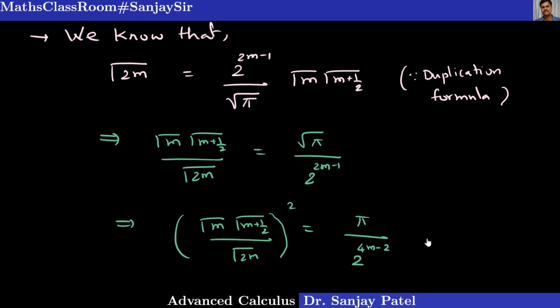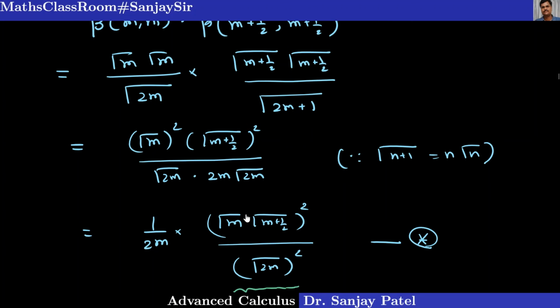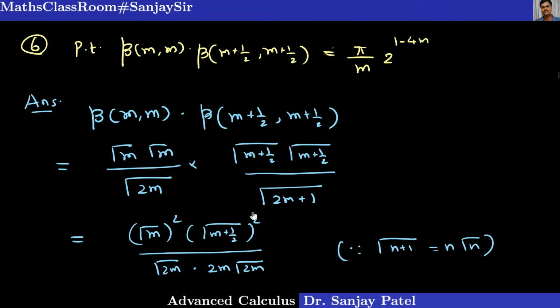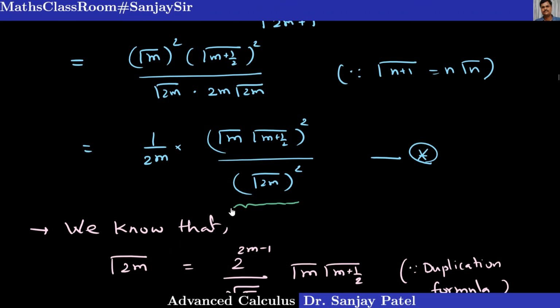So this is the derivation from the duplication formula. This double star I want to substitute in place of this expression. So what I will get is the value of left hand side, which is written here as 1 upon 2m times this.